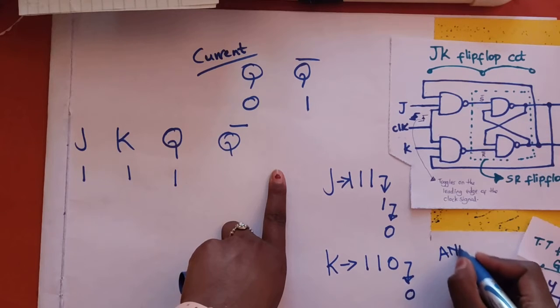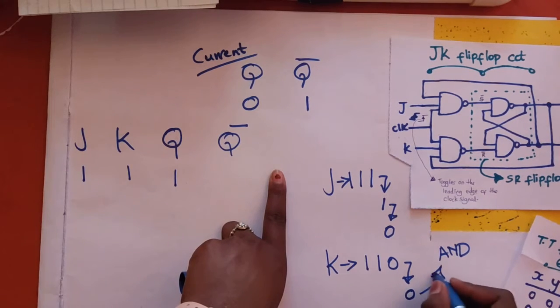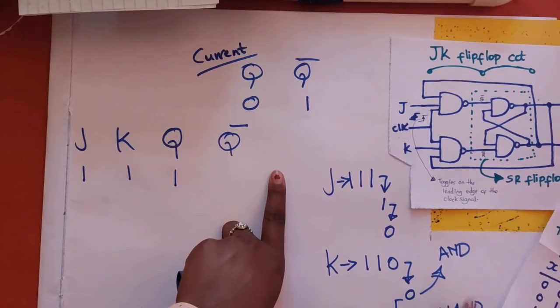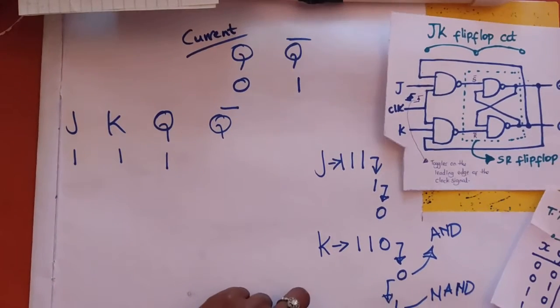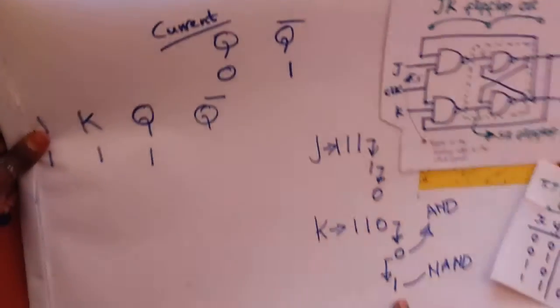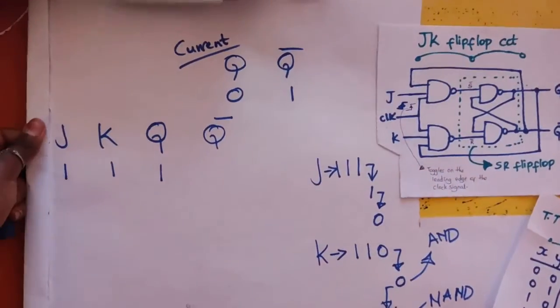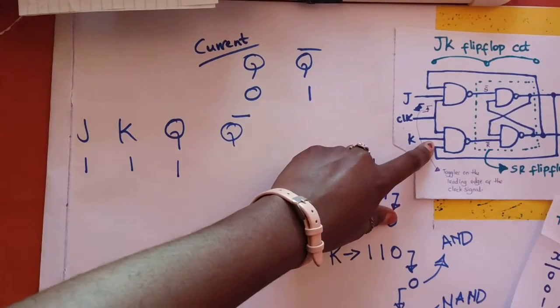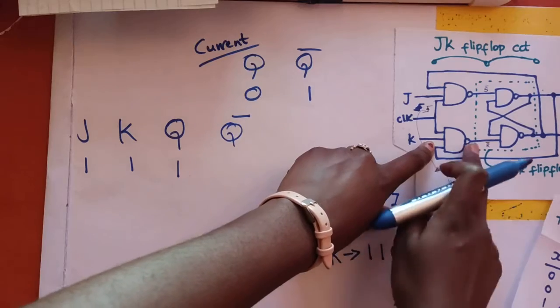But since it's NAND, our output is 1. It's the complement of AND. You see, it's 1 as our output. Therefore, 1, 1, 0, 1 is our output here.